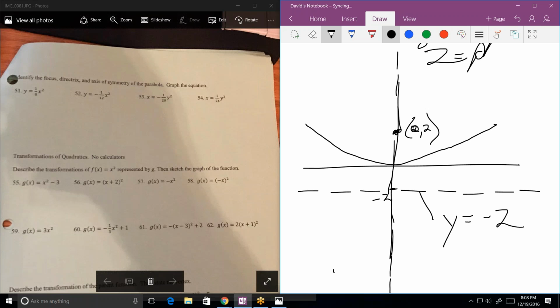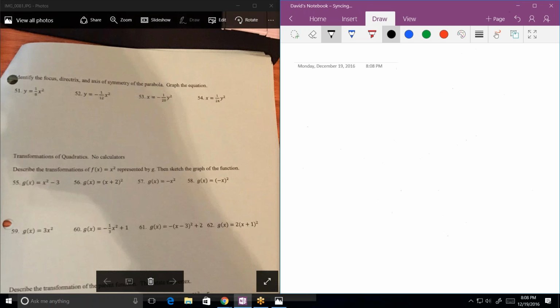The equation of a line would be y equals mx plus b. What I just said is that horizontal lines are y equals some number and vertical lines are x equals some number. So what is x equal to? x is equal to 0. Yes, that's the equation of the axis of symmetry.